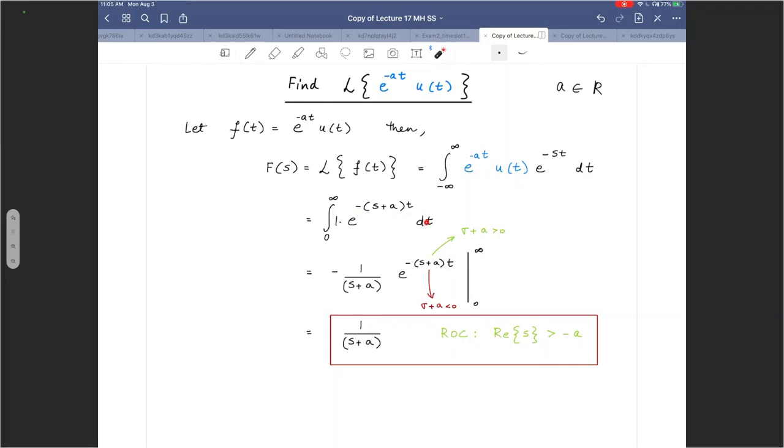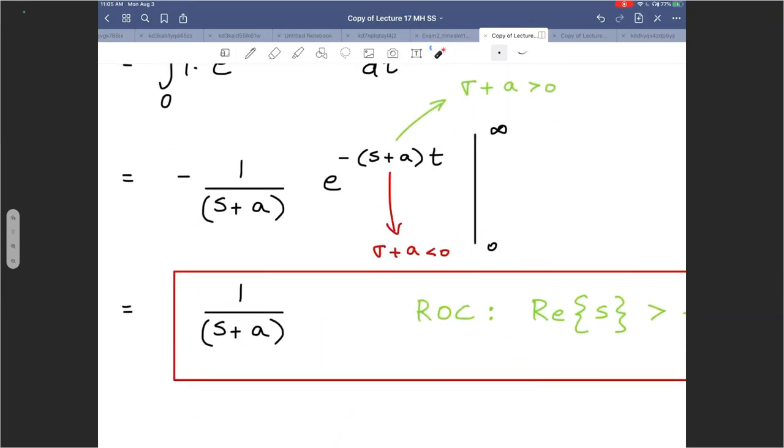Again, it can be integrated very easily. Exponential functions are easy to integrate. You integrate and you have the limits again. So what are you trying to do here? Well, you are trying to make it converge. When you are trying to make it converge, you essentially want the entire thing to be positive.